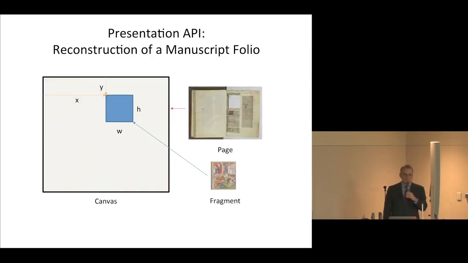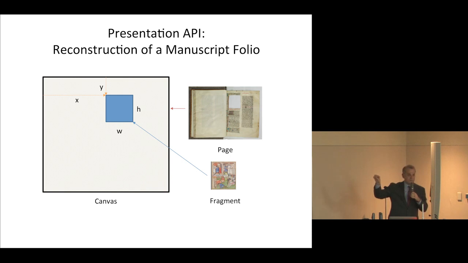Now let me talk about one of the examples we've seen, which is the reunification of this manuscript that has had the miniature cut out. What does that look like in terms of the API? Well, we have a canvas, and the image of the page is annotated onto the entire canvas. And the image of the fragment, or the miniature, is annotated at the appropriate X and Y coordinate to fit the gap.